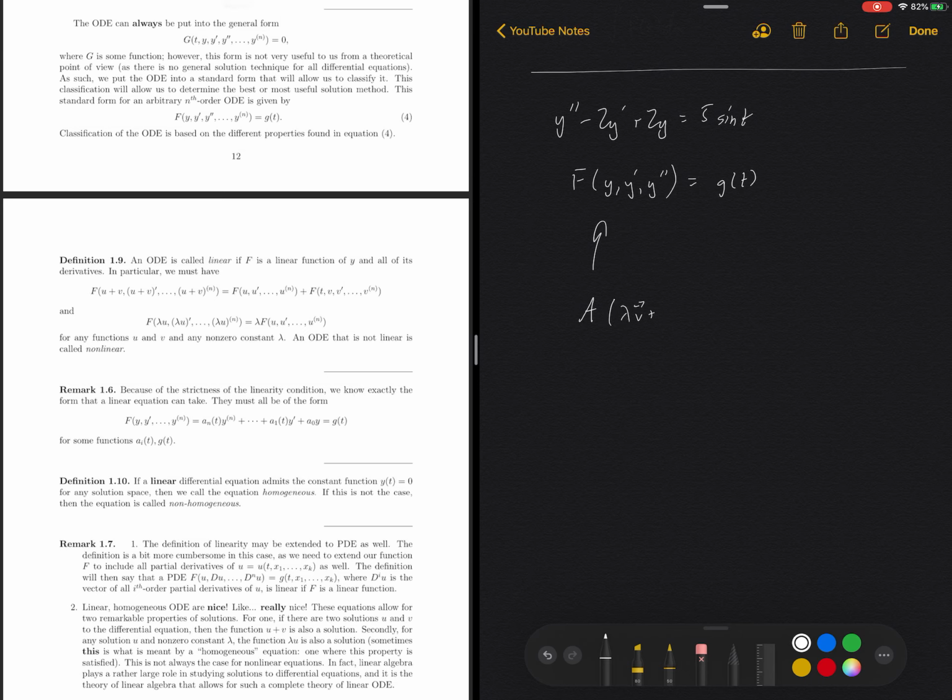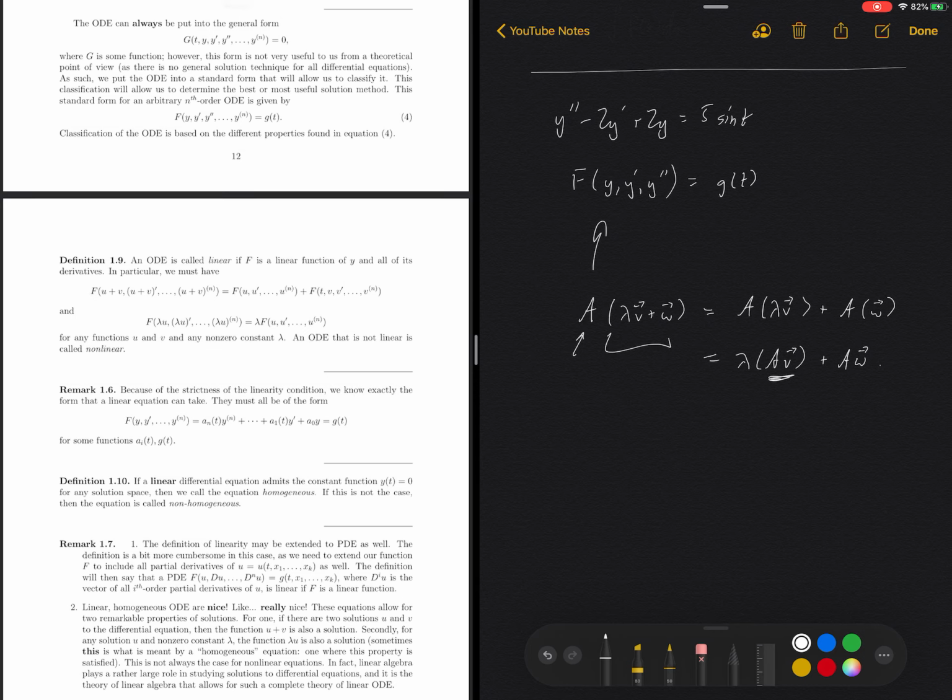Think about this in terms of matrix multiplication. A matrix A applied to lambda v plus w: you know that you can distribute the multiplication across the sum. That is a linear operation, right? Distributing across a sum, that's linearity. And factoring out a lambda, A times lambda v, is what we call homogeneity, being able to factor out that term.